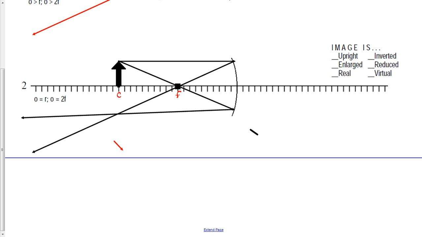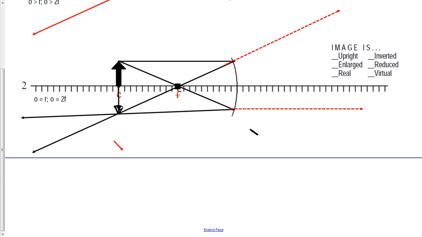We also have virtual rays that come back apart from the reflected rays. Now, for these, virtual rays aren't going to mean anything. There's only one scenario with converging lenses that I'll show in a second. Once we have 2 that overlap, draw the arrow to that point, and then describe the image.